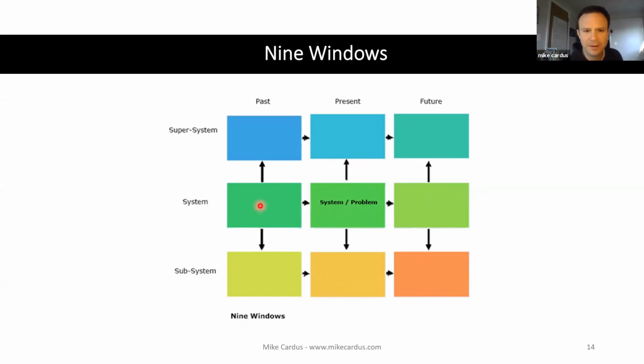This middle layer here is called the system. The system is the current operation or structure you're looking to solve or the problem you're looking to put in place. The super system are things that are above or sort of meta to that system. So for example, when we're looking at the work from home changes, our system was the current structures of IT, operations, and management.